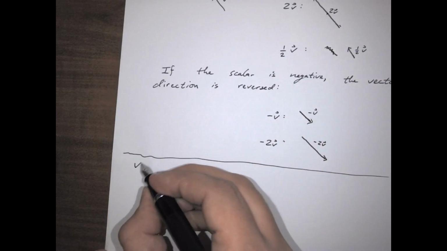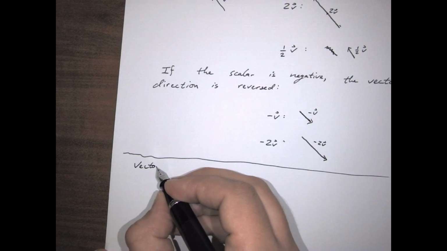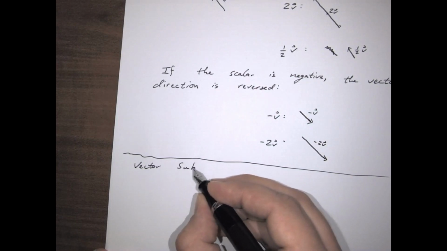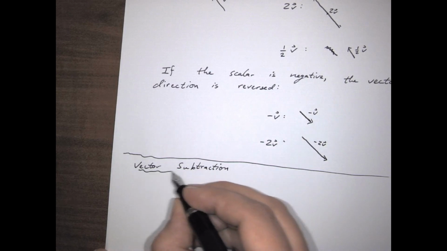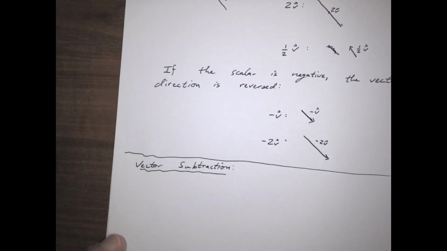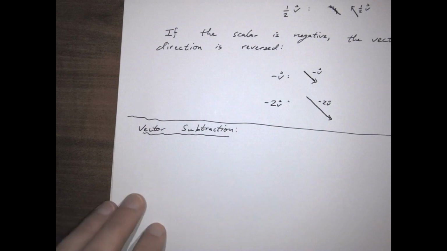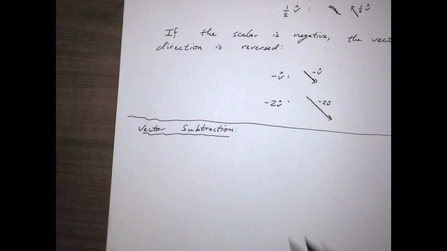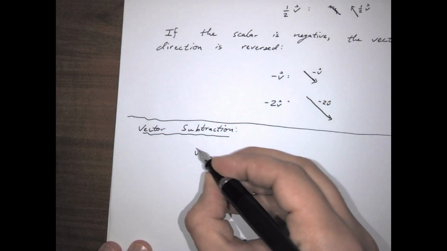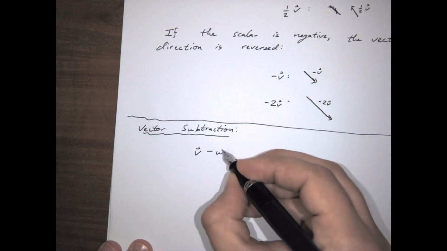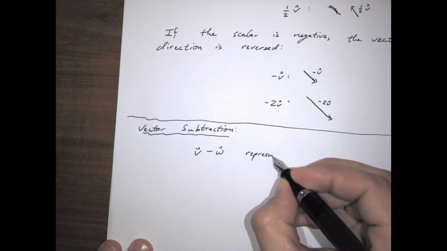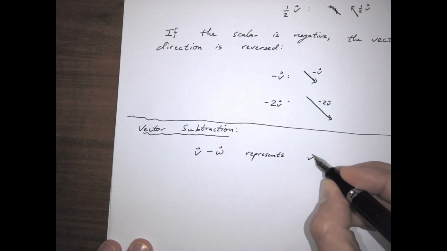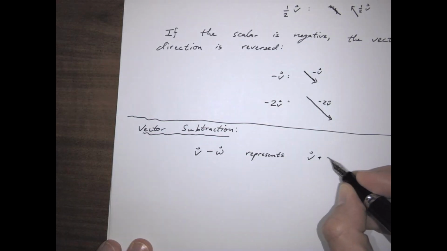And then there is vector subtraction. The easiest way to think of it is as adding v plus negative w. So v minus w represents v plus negative w.